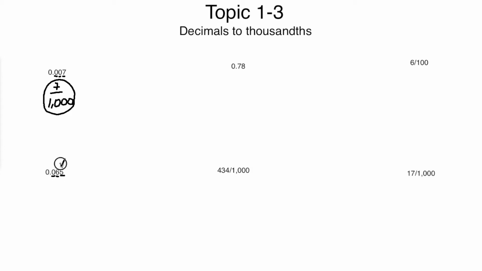And look at what place value the last digit is in. The thousandths place. So, you write 65 over the place value of thousandths, which is 1,000. 65 over 1,000. Did you get that? Great job.